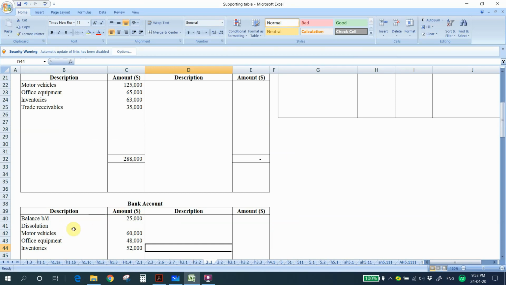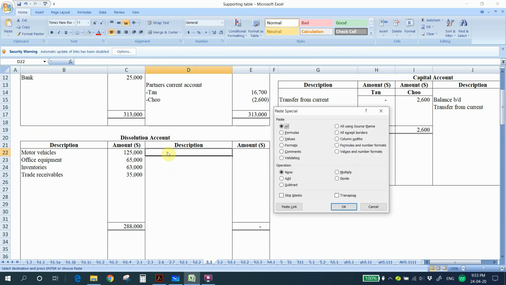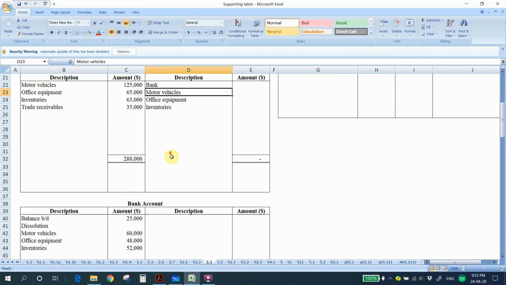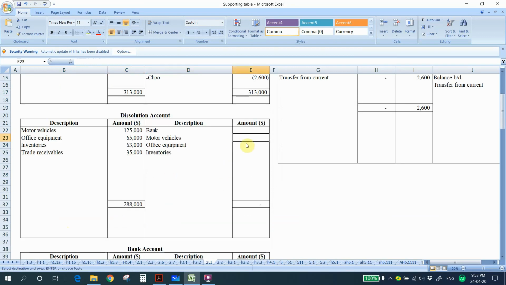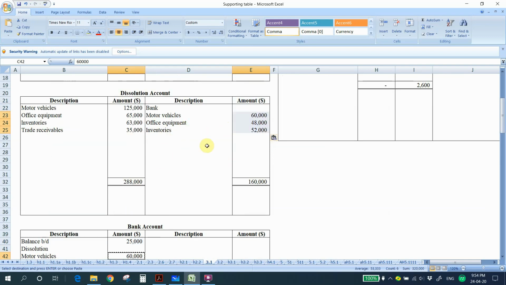We debit the bank account and credit goes to the dissolution account. We indicate bank to show that this is transferred from the bank account. So this is the double entry. Debit bank account, credit goes to dissolution.